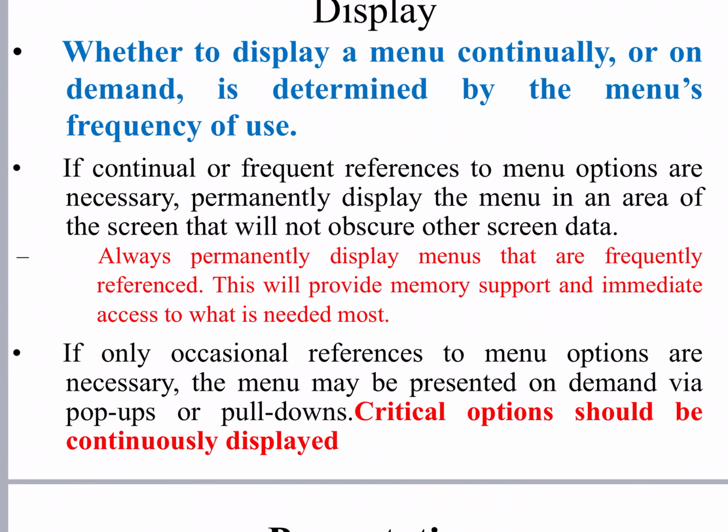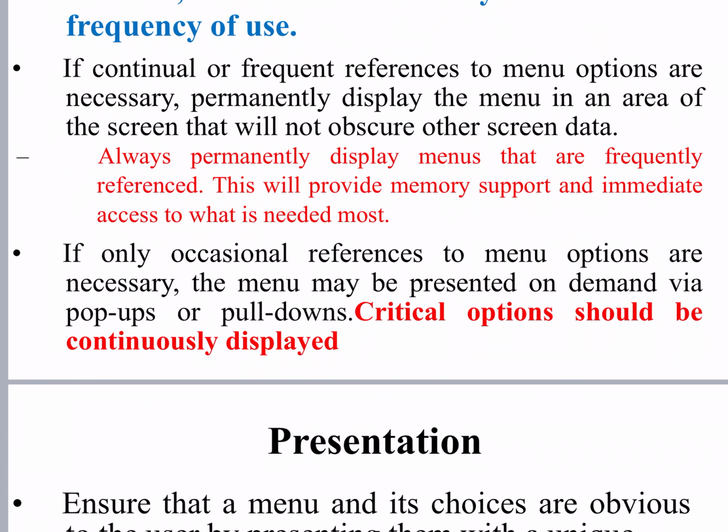If continual or frequent references to the menu options are necessary, permanently display the menu in an area of the screen that will not be disturbed by other screen data. If menu options are necessary only occasionally, the menu may be presented on demand via pop-ups or pull-downs, while the critical options should be provided continuously over the display.